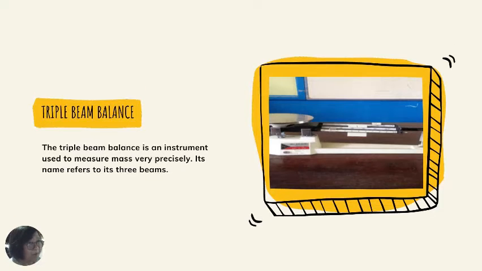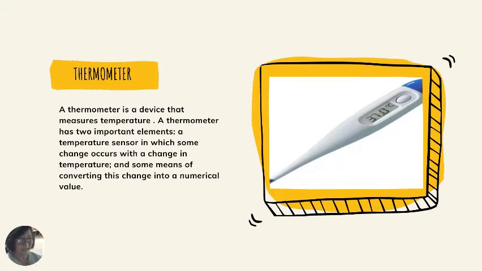Next, triple beam balance. The triple beam balance is an instrument used to measure mass very precisely. Its name refers to its three beams. Okay, a thermometer. A thermometer is very common at home, especially during this time of pandemic.